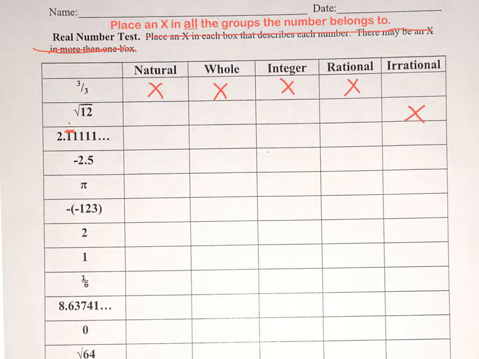It has to be a crazy decimal. So this one actually is rational, okay? So this decimal that goes on forever is actually the fraction 2 1/9. So it is rational. I'm not going to give you any of these on the quiz, but it's just important to know. So this is rational.